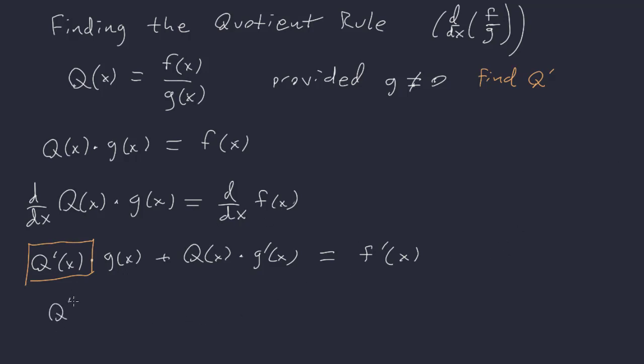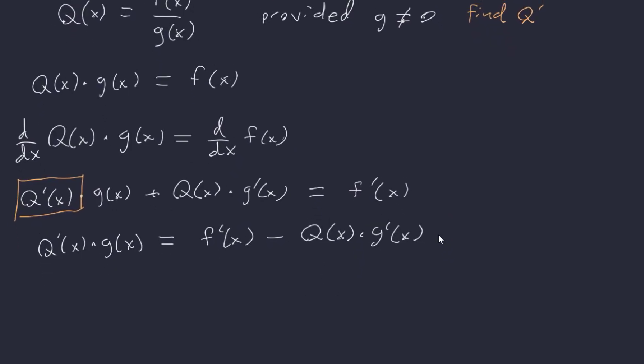So we'll have q prime of x times g of x is equal to f prime of x minus q of x times g prime of x. Okay, then we are going to divide by g of x.